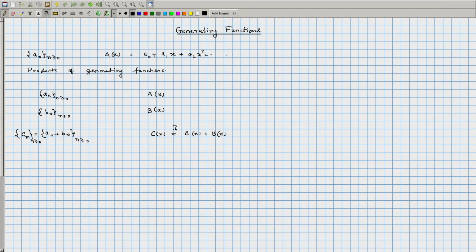Well, it will be, because if you look at Ax plus Bx, the coefficient of x raised to n is such that an x raised to n and bn x raised to n are both present in Ax plus Bx, and their sum, which is an plus bn, is going to be the coefficient of x raised to n.